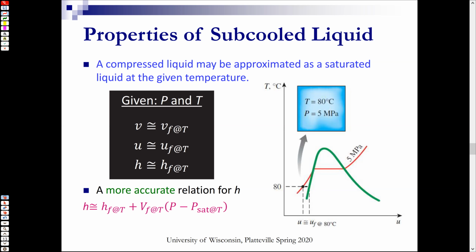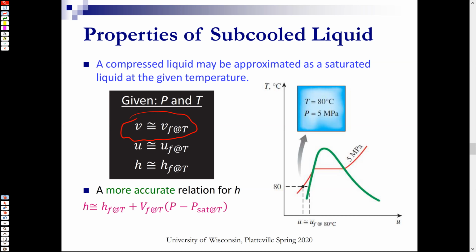For instance, look at this equation: the specific volume of a subcooled liquid equals the specific volume of the saturated fluid at the same temperature. So on and so forth for internal energy and enthalpy.